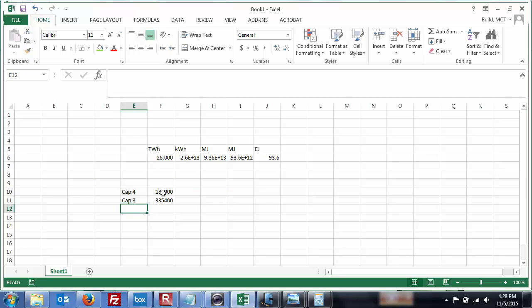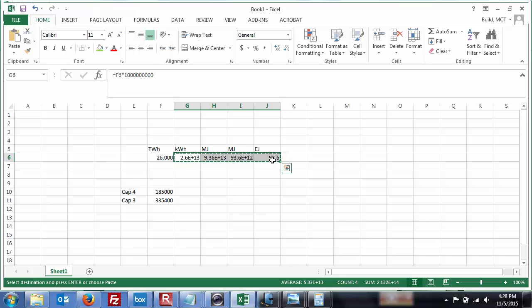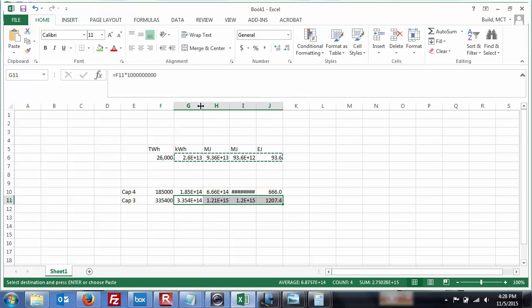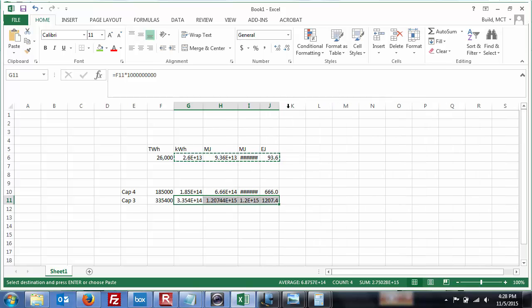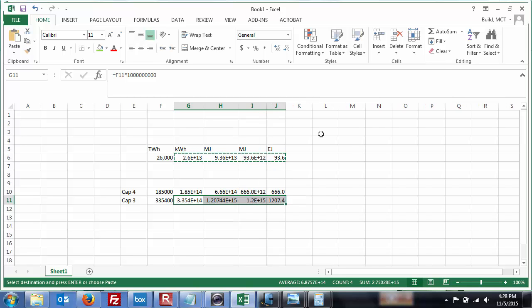I'm going to take these cells, copy them, paste them. Okay, so what I'm seeing here, I just took those cells that we took a lot of time to calculate and copied them for the same capacities for wind resources.